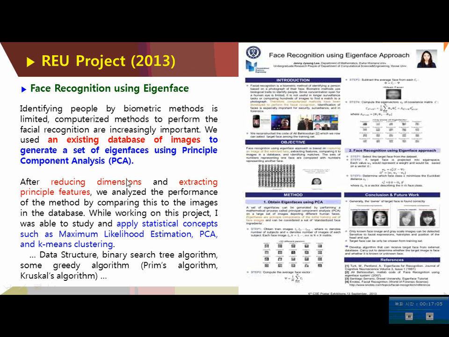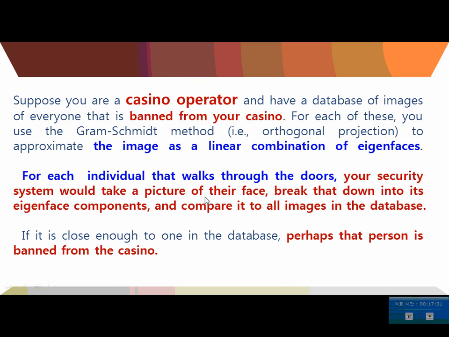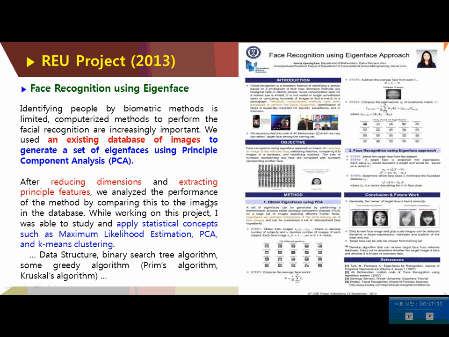After reducing the dimension and extracting principal features, we analyzed the performance of the method by comparing this to the images in the database. The tools used include applied statistical concepts, PCA, and K-means clustering, etc. Anyway, this student went to Yale University to study big data now.